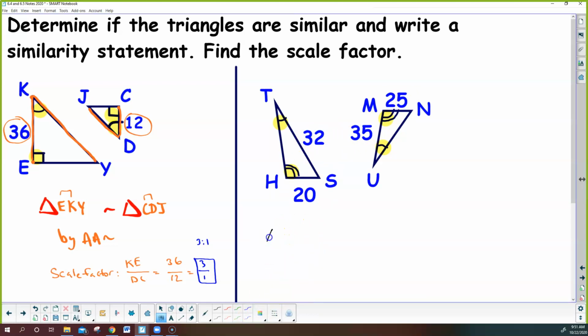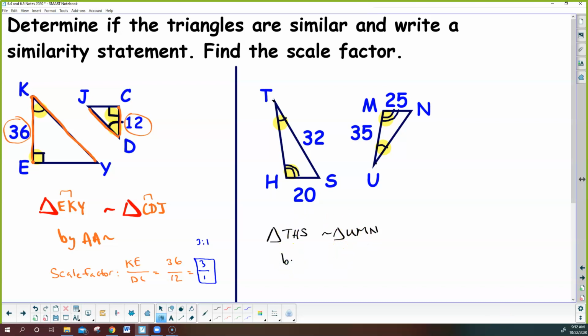So I'm going to write my congruent statement first, and let's start at T. And let's see, T is the one marked angle, so that means I would start at U. And then I went T to H. That's the two markings, so U to M. And then I'd go H to S, and then finish, and that would make the triangle. THS is the same as UMN. Tarleton High School is similar to the University of Minnesota.